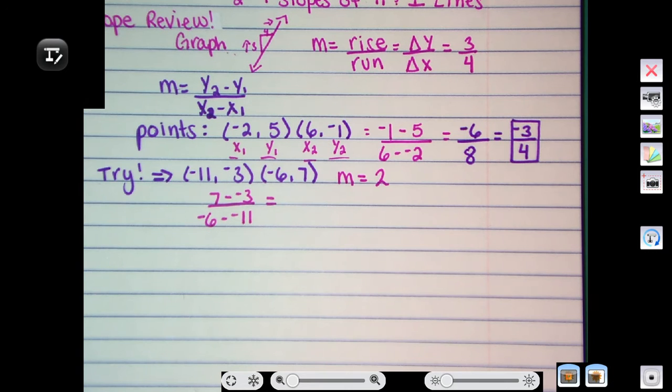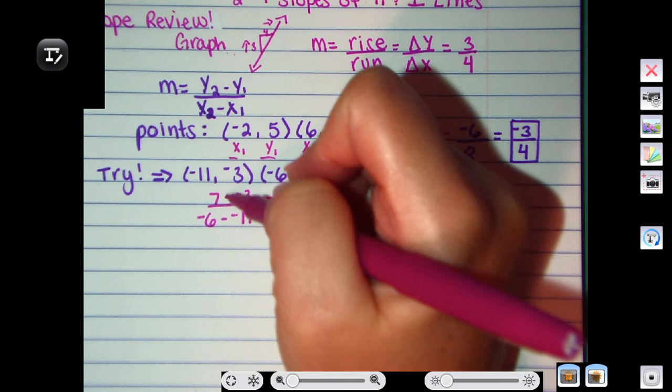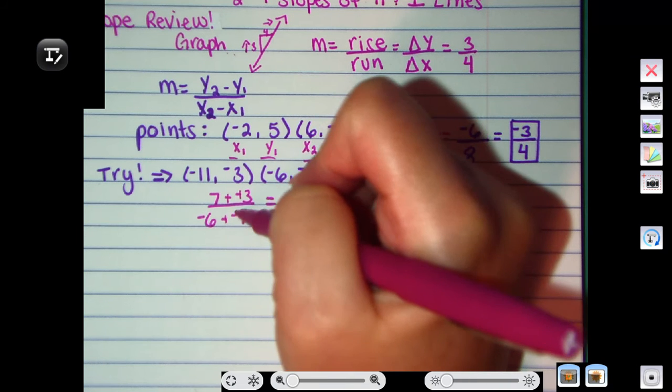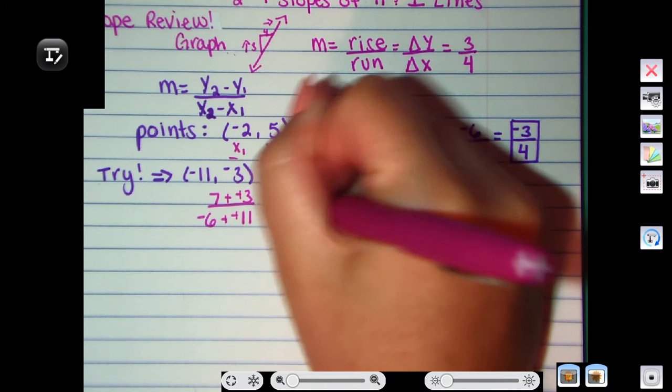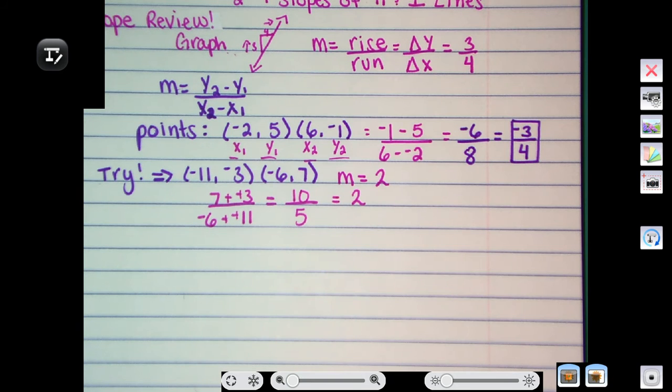The mistake that I most often see is forgetting to do this double negative here. So it's 7 minus negative 3. You can't just do 7 minus 3 because that's a different problem. So that double negative really makes it actually, an addition problem. So that becomes 10 over 5, and 10 divided by 5 is 2. So that's how I get my slope.